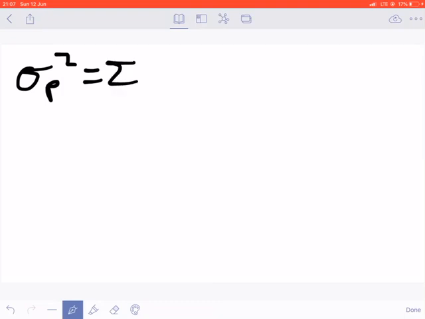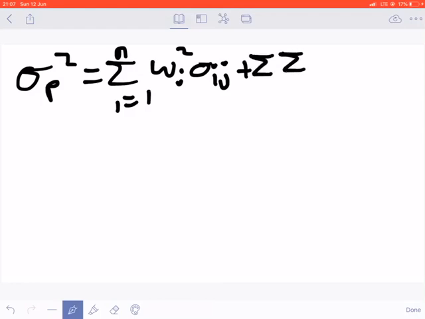It is the sum of i equals 1 all the way to n of the weight i squared times sigma i squared, plus the sum over i not equal to j of the weight of i, the weight of j, and the covariance between asset i and asset j.